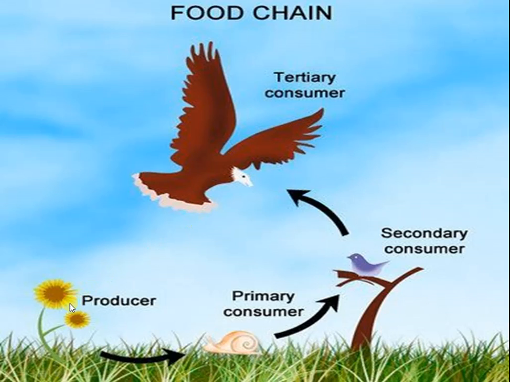Plants are the examples of producers. Herbivores are the examples of primary consumers. Carnivores and omnivores are the examples of secondary consumers. Scavengers are the examples of tertiary consumers.